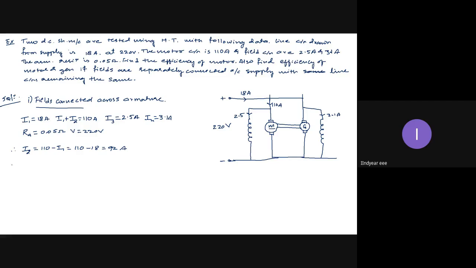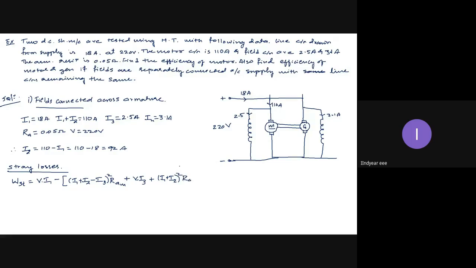Next, we will find out the stray losses. So stray losses, WST is equal to, I will write directly, V into I1 minus (I1 plus I2 minus I3) square RA, plus V into I3, plus (I2 plus I4) square RAG plus V into I4.